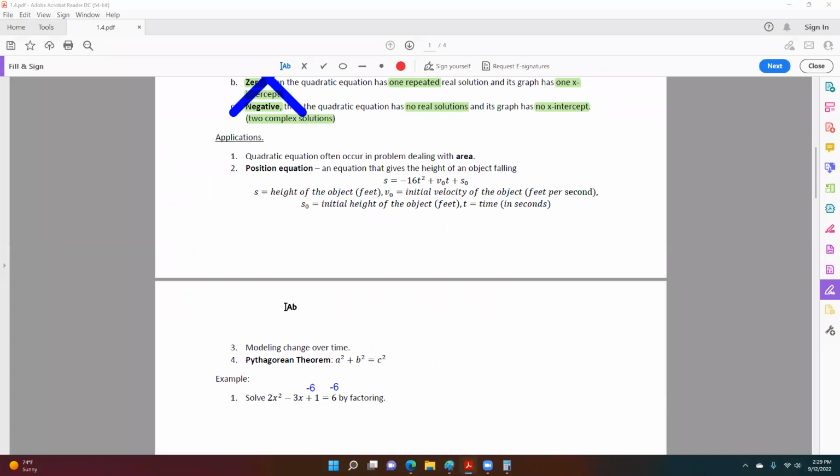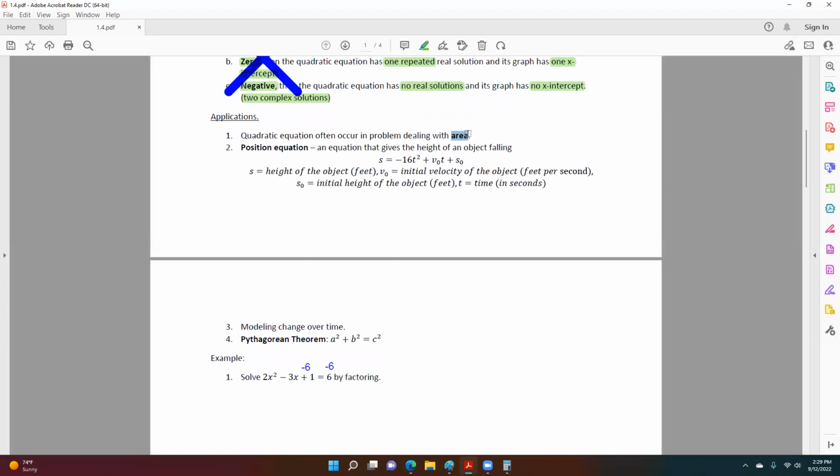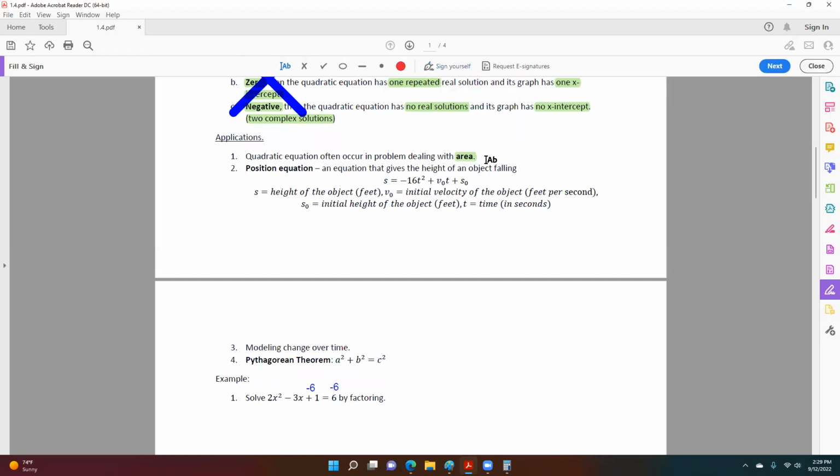So we will continue with our applications here. There are 4 types of applications that we can use. One is an application problem that deals with area, especially the area of a rectangle. Does anyone remember the area of a rectangle? The length times width times height? No, that is volume.